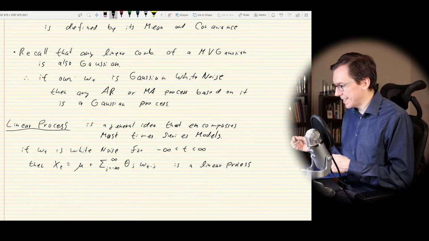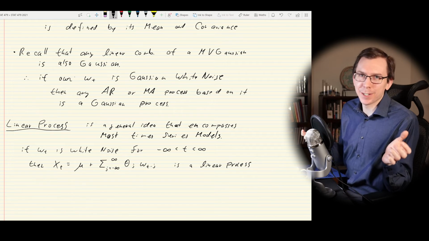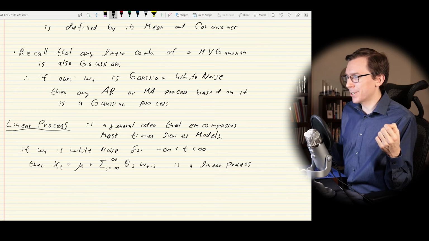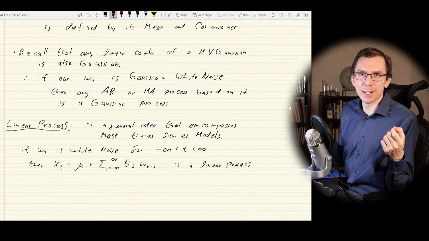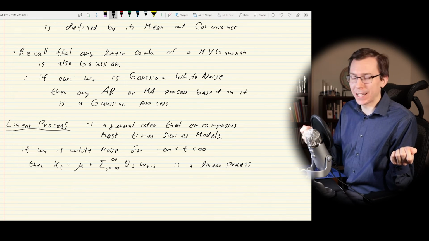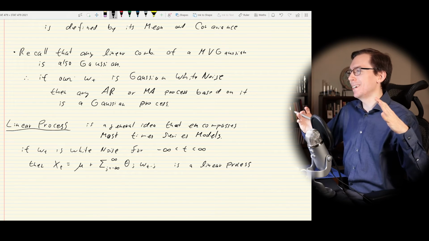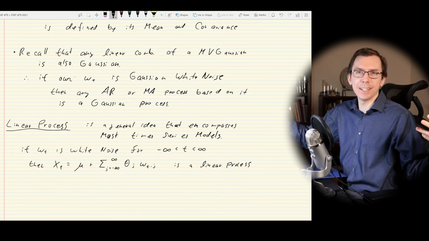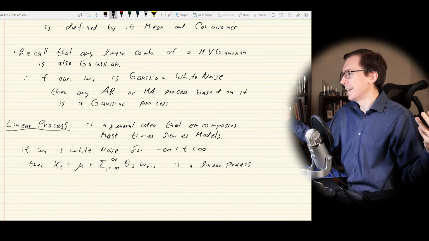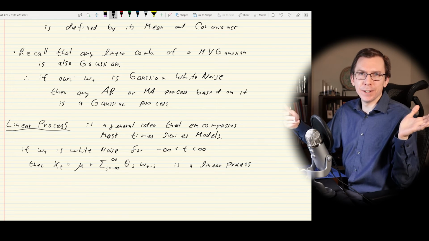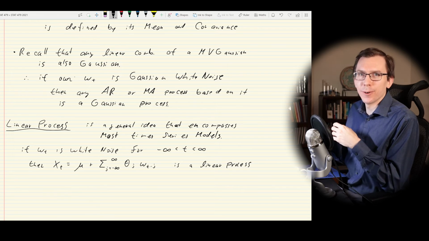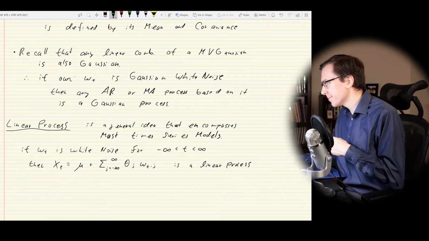It looks a lot like that moving average process that we talked about before, and it turns out that it is closely related to both the moving average and the autoregressive process. Here we're just taking our infinite white noise process and doing some type of weighted sum, a linear combination of the terms. And there's a constant mu, which is the mean term, because we always assume that white noise is mean 0.